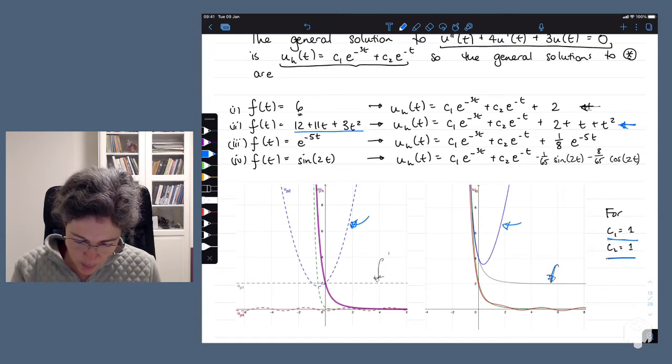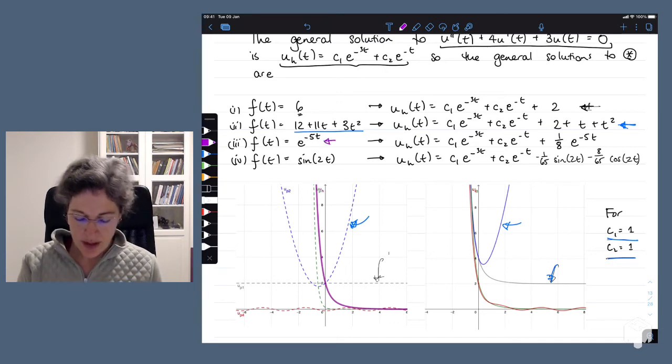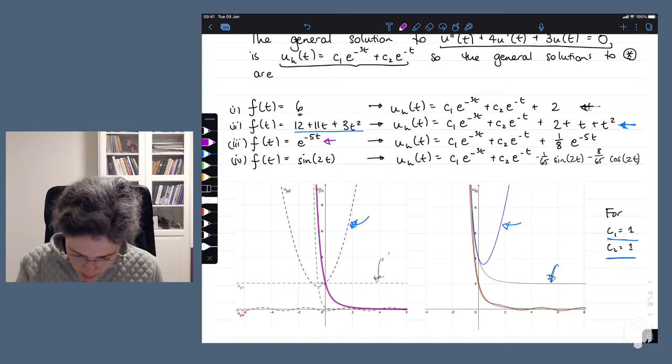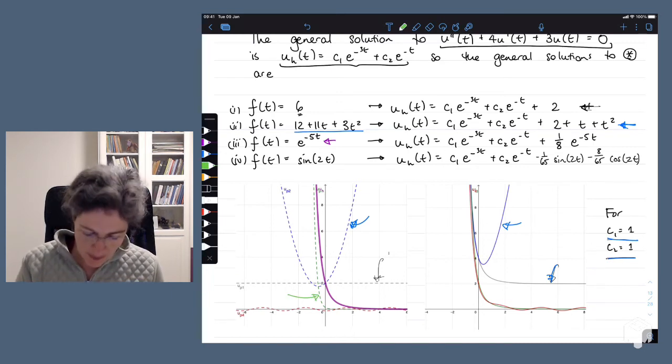Similarly, if we have an exponential as our driving function, then you will end up with a solution that looks like the green line. There's our green line, our exponential.